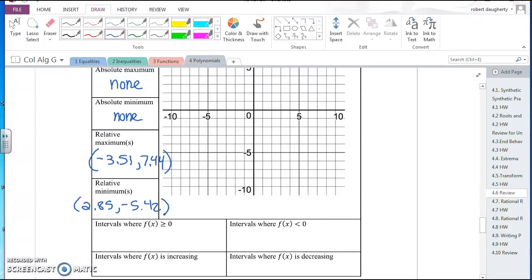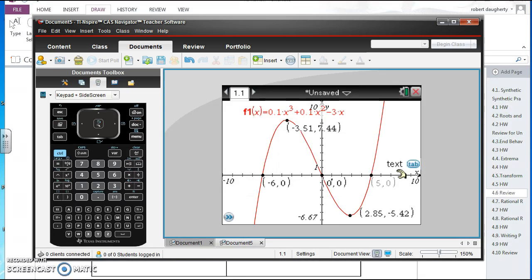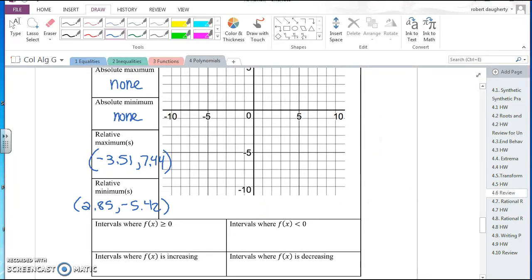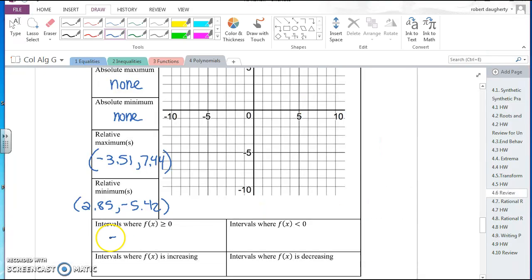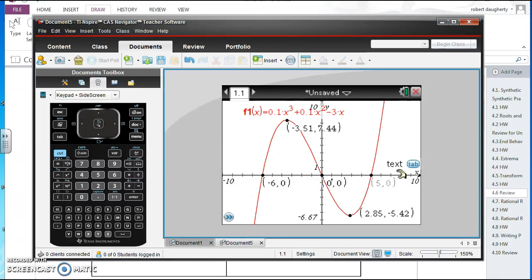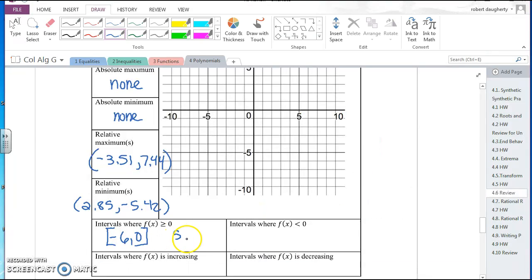Intervals where the function is greater than 0. So where is it above the axis? It looks like it's above the axis, and did I say greater than or greater than or equal to? So from -6 to 0 with brackets, and then also from 5 to infinity.